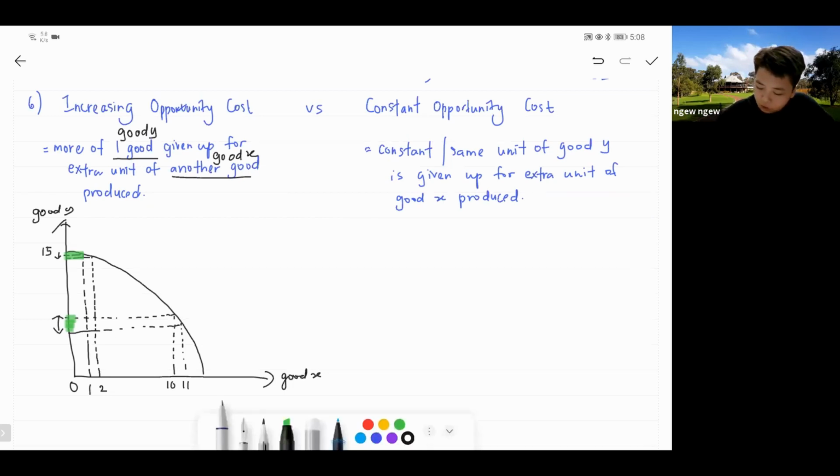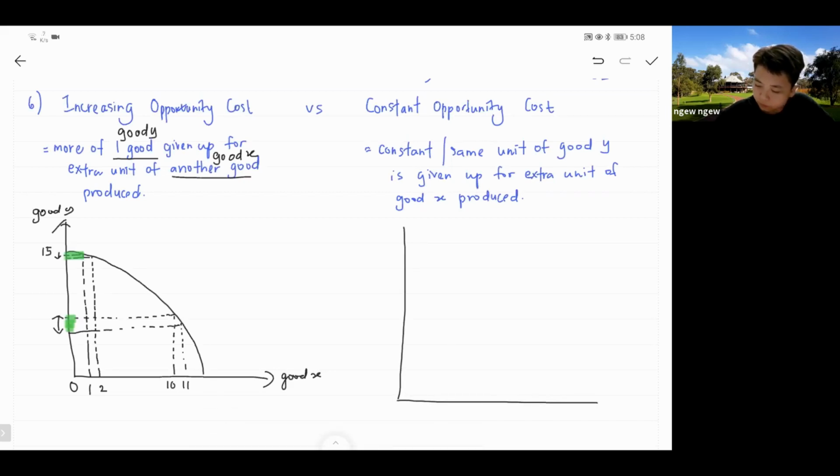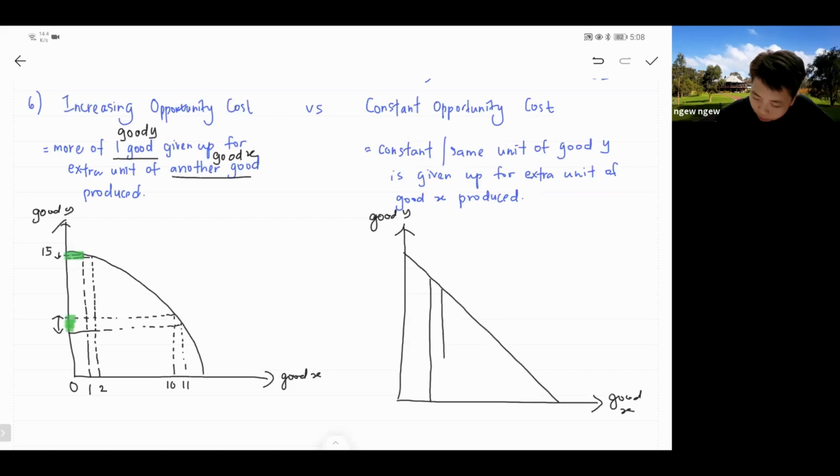So if you want to show constant opportunity cost, your PPC curve is a straight line. Here being good X and here being good Y. Likewise, you need to do just like how we showed increasing opportunity cost. Originally, you are increasing the output of X by 1 unit.